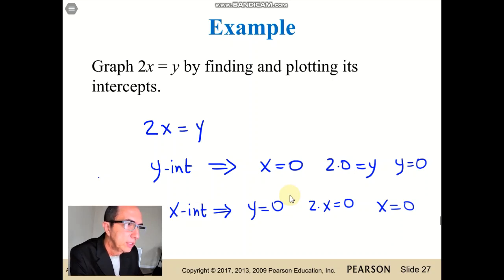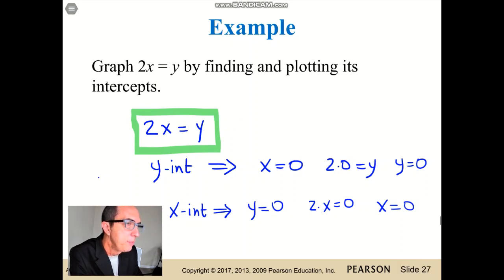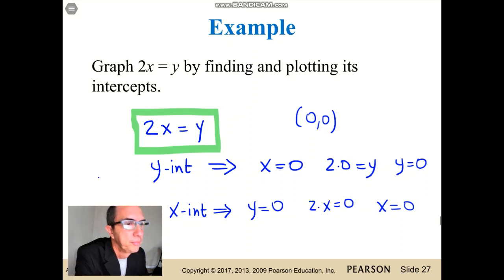And for this particular equation, the x and the y-intercept are at the same point. They are at the origin, 0 and 0. Right? They are both x-intercept and y-intercept. They are 0 and 0.